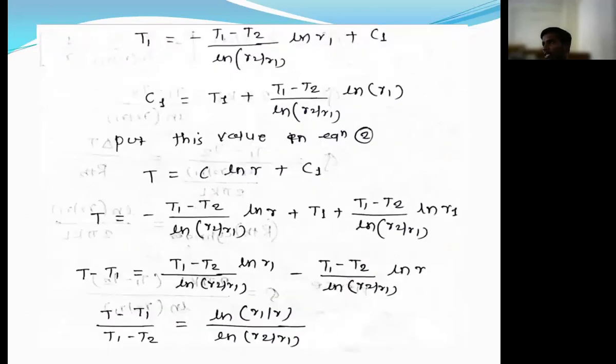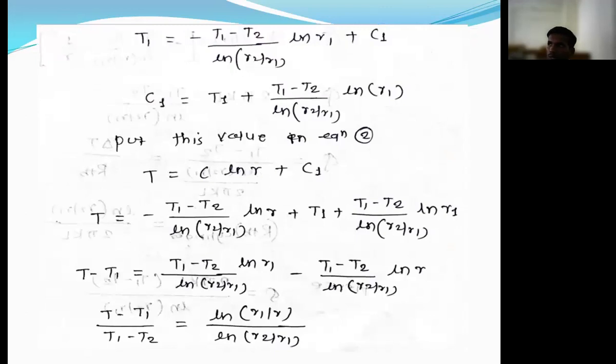Okay, so that's why we have written the equation number 3. And what is the equation number 3? T1 is equal to C into ln of R1 plus C1. Okay, so in that equation we have to put the value of C. C ची value या equation मध्ये put करा. So what we get, T1 is equal to minus T1 minus T2 divided by ln of R2 by R1 into ln R1 plus C1.